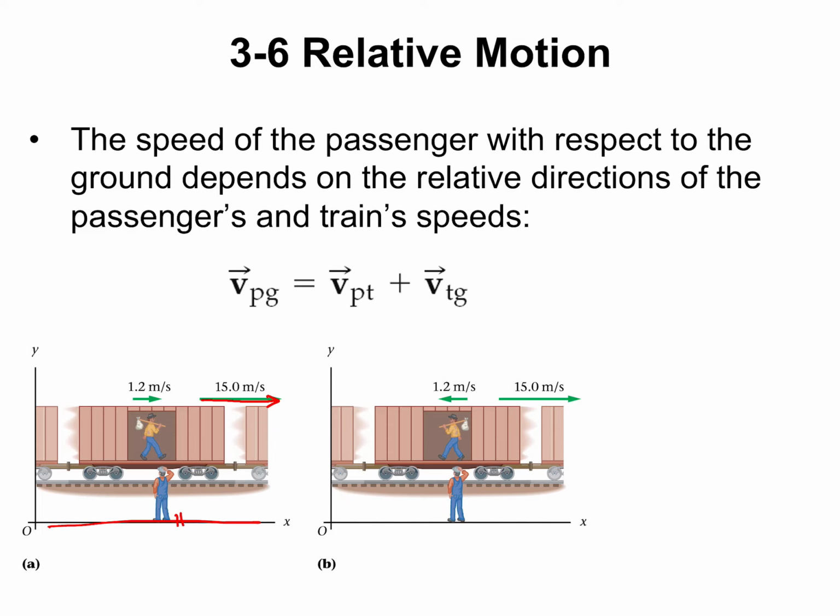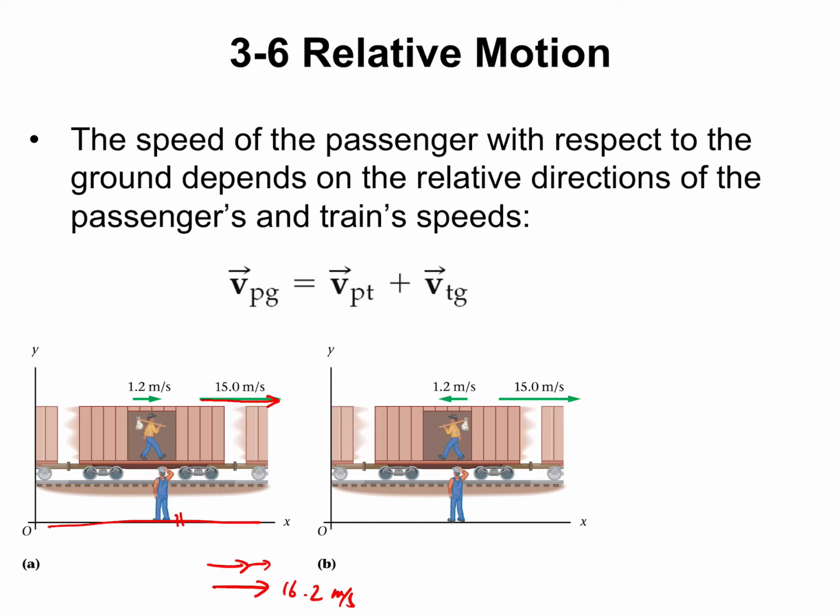By intuition, you can tell the velocity of the yellow shirt guy relative to the guy standing on the platform requires addition. You have to do the vector addition: 15 meters per second plus 1.2 meters per second, so this is 16.2 meters per second towards the right.